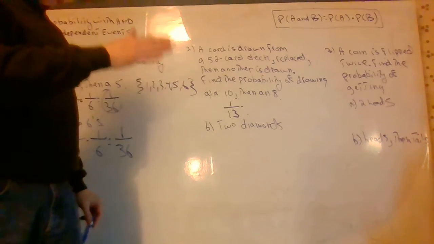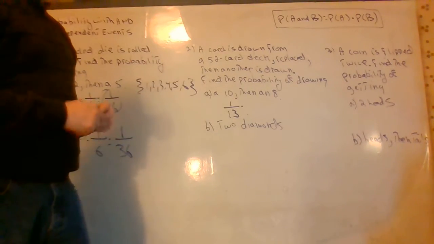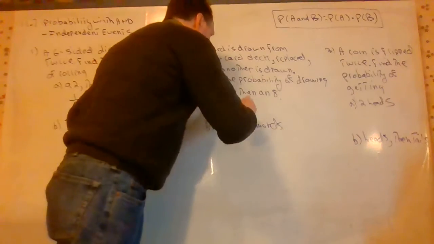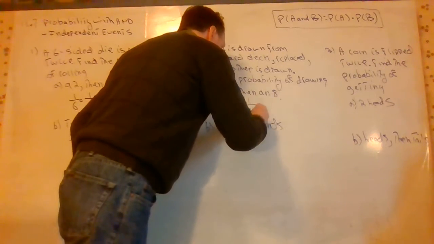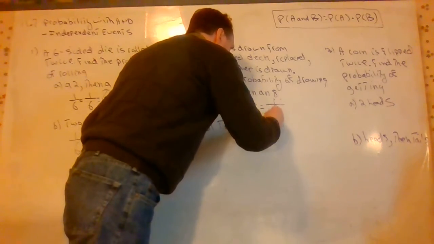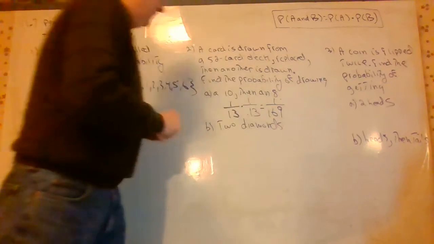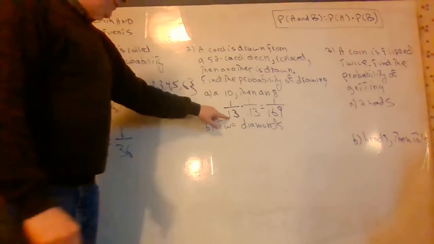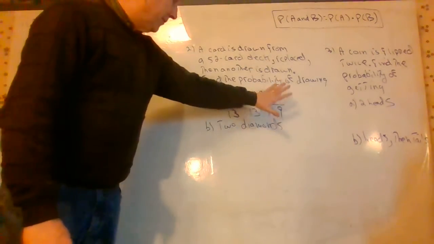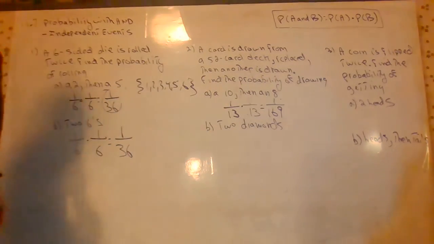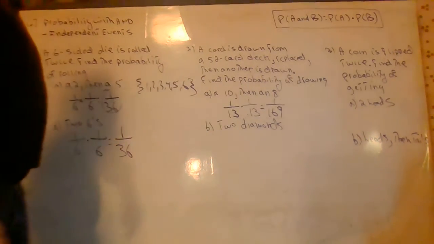Ace through 10, Jack, Queen, King makes 13, and we can do 1 out of 13 again, and we get 1 out of 169. If you do 4 out of 52, you just end up with a ginormous number that can be reduced to 1 over 169.